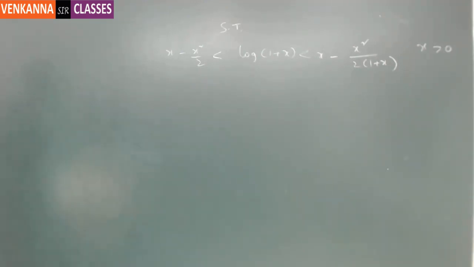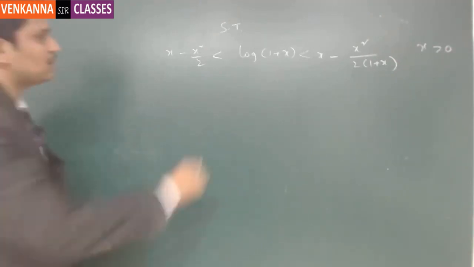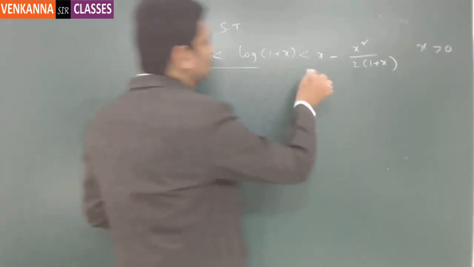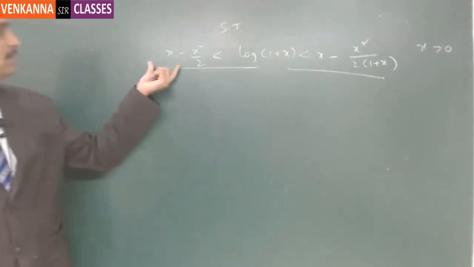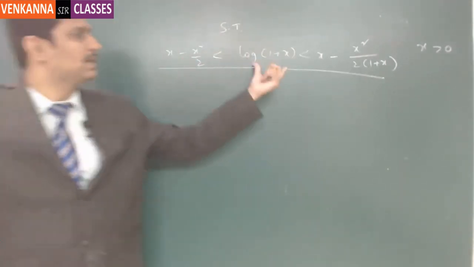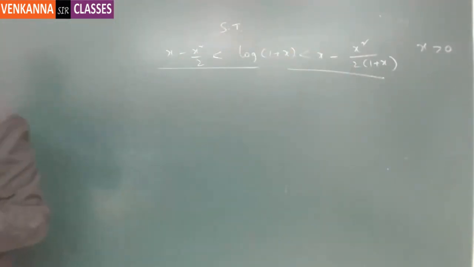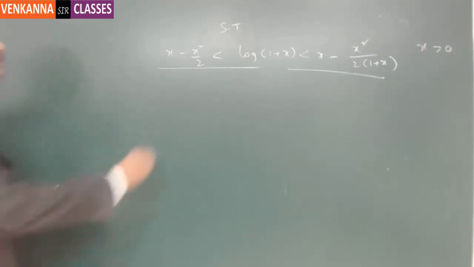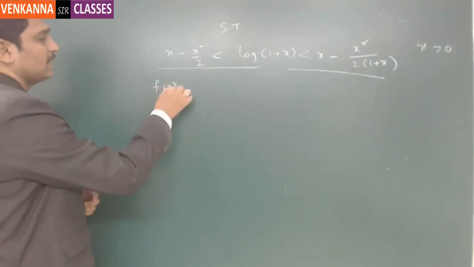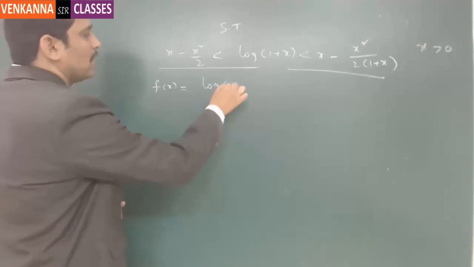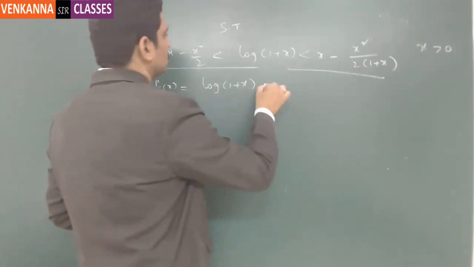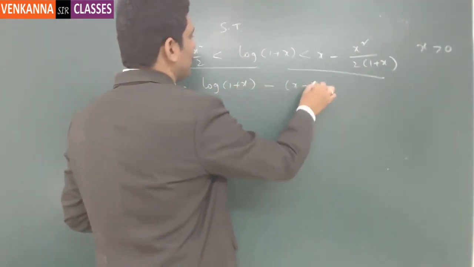Now, there are two inequalities we are going to prove: this part is less than this, and this part is less than this. So I am going to define a function f of x equal to log of 1 plus x minus of x minus x square by 2.